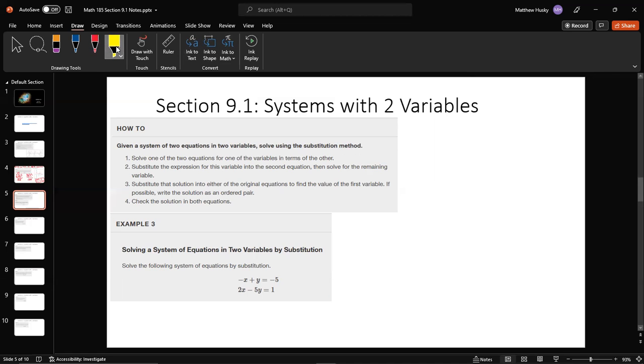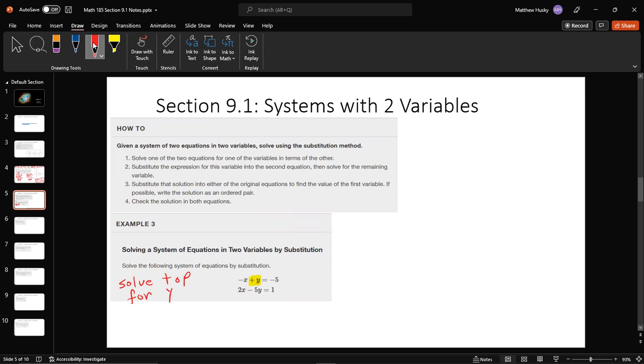So for this one, they give me this example, negative x plus y equals negative 5. The thing to notice is that you have a positive y all by itself. So what I'm going to do, I'm going to solve the top for y. I need to pick which equation I'm going to start with, and which variable I'm going to use.